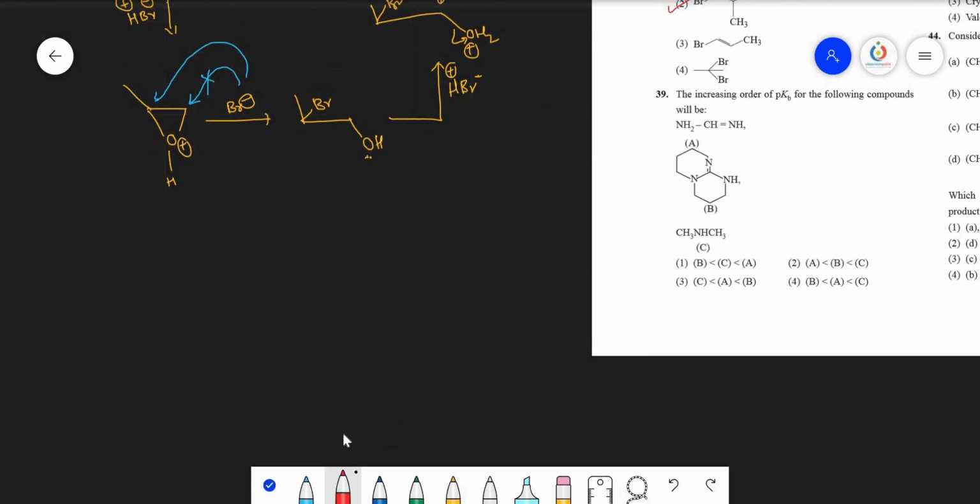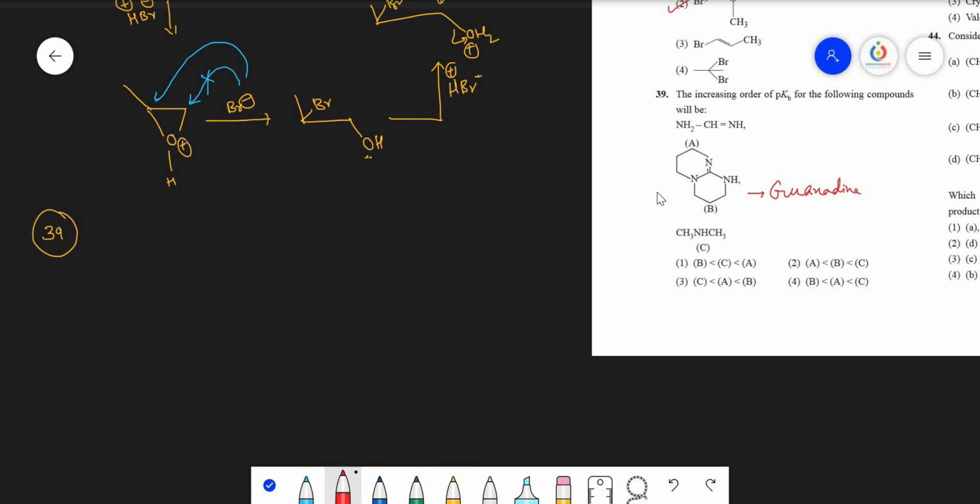Let's see question number 39. The increasing order of pKb for the following compounds will be. Different compounds A, B, C are given here. Here B is the compound guanidine. Now let us see what is happening. The conjugate acid of guanidine is resonance stabilized and has 2 resonance structures.